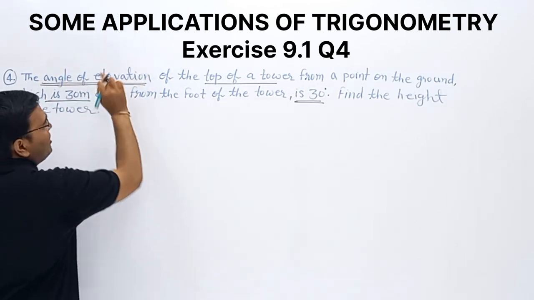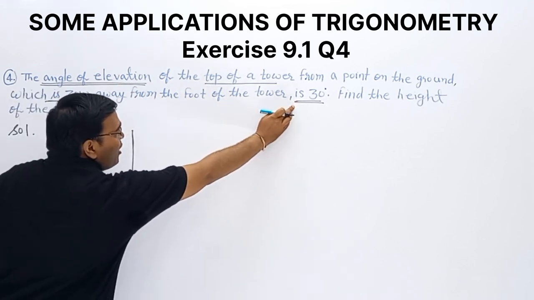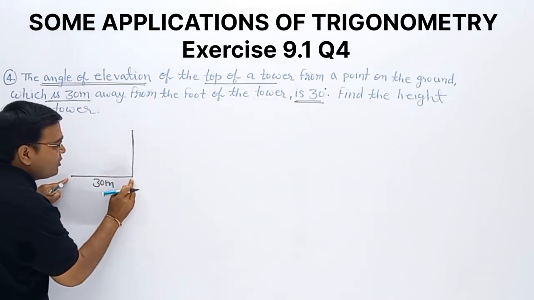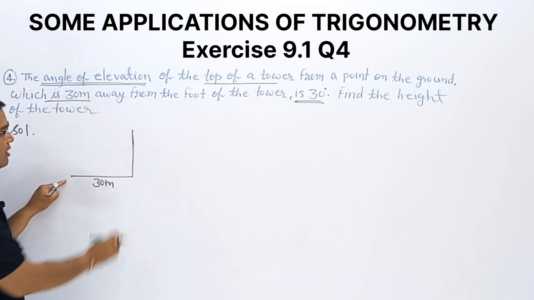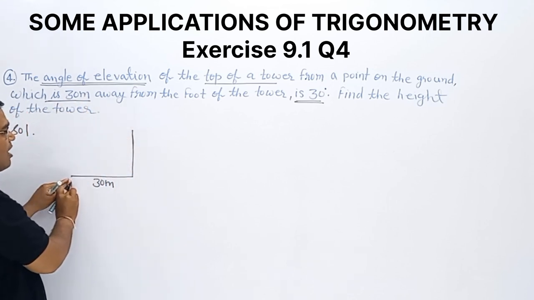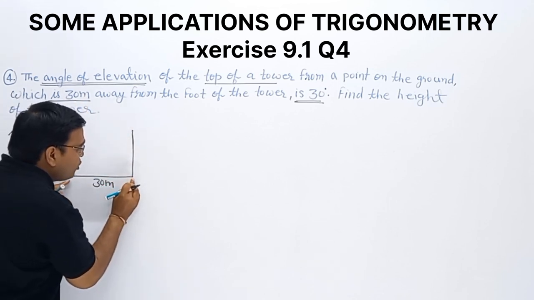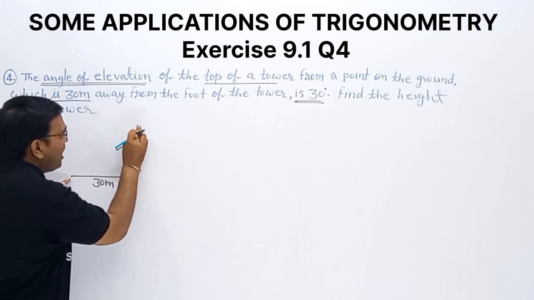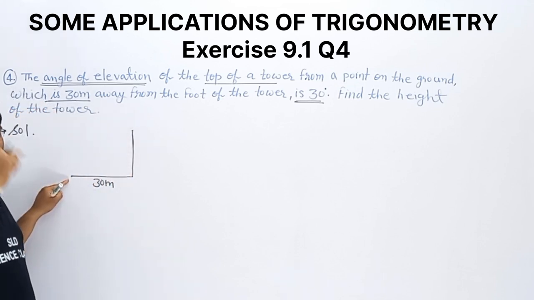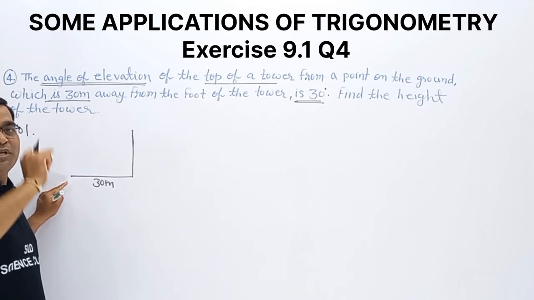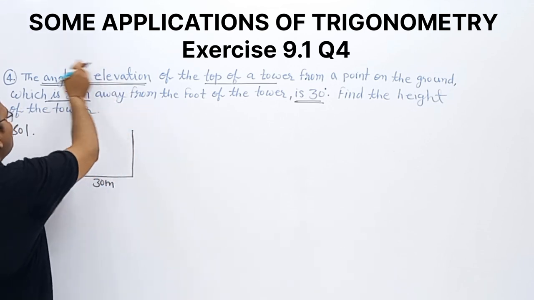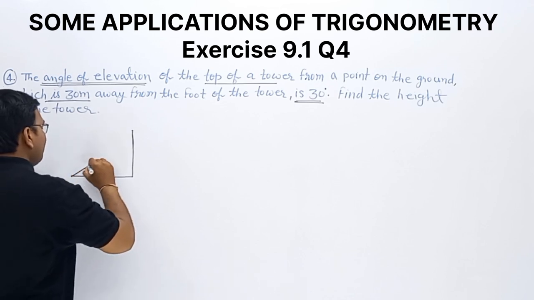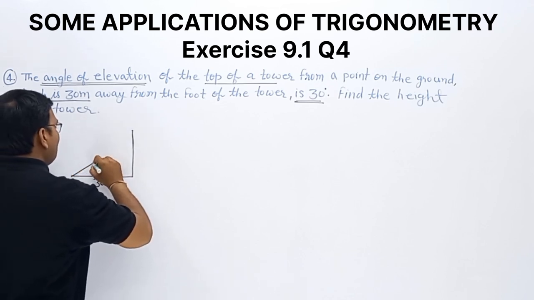Angle of elevation is 30 degree. How? One person is standing on the ground 30 meter away from the foot of the tower. That person observing the top of the tower, it means the person's line of sight with the ground making angle, that is the angle of elevation.